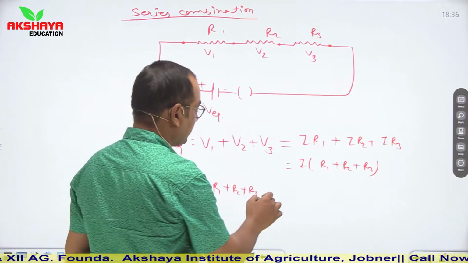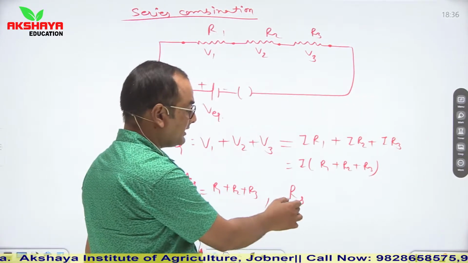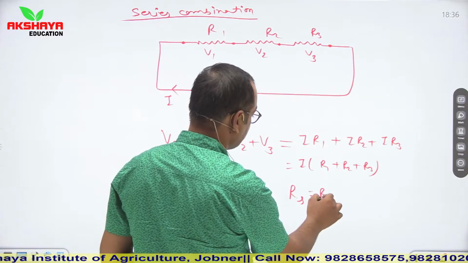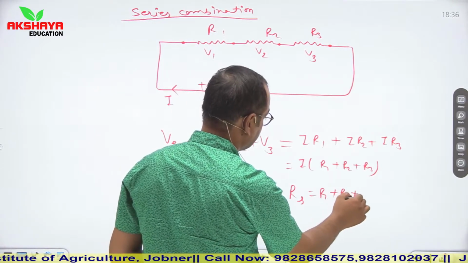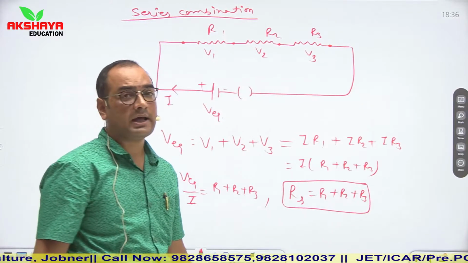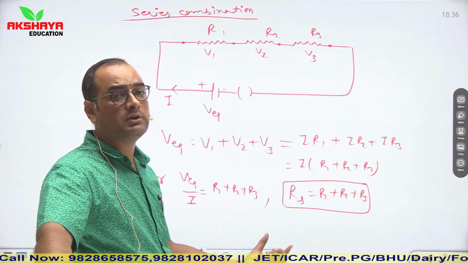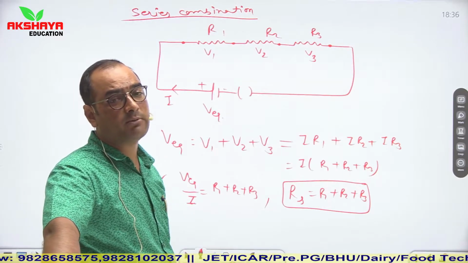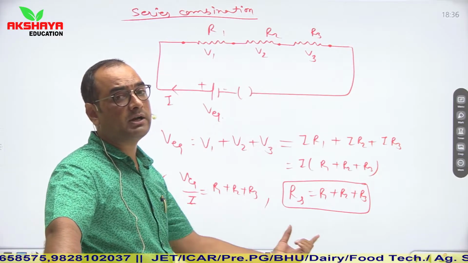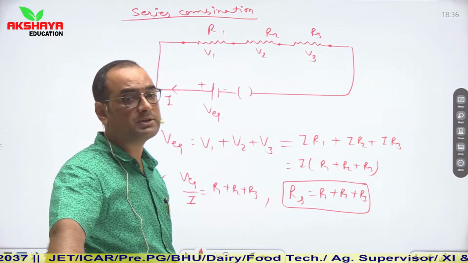Here this can be represented as RS, S means series, the equivalent resistance in series. RS is equal to R1 plus R2 plus R3. It means when different resistors are connected in series, the equivalent resistance is equal to the sum of the resistances of the individual resistors.